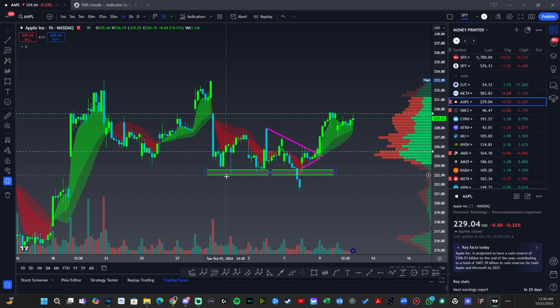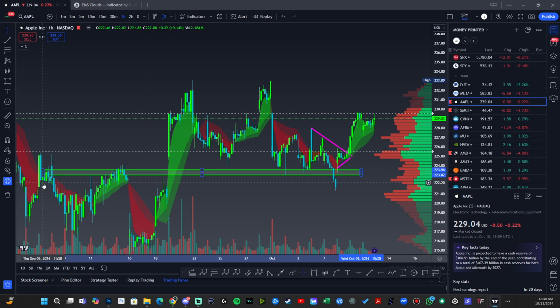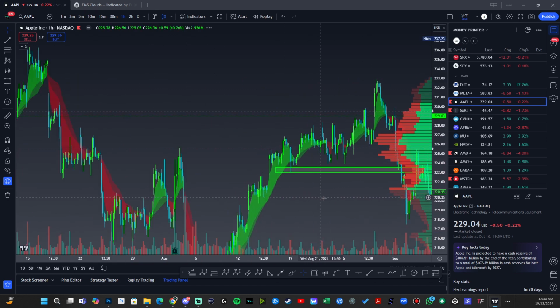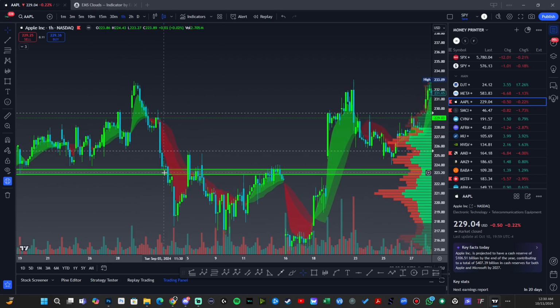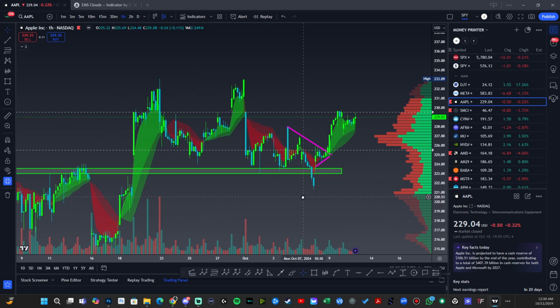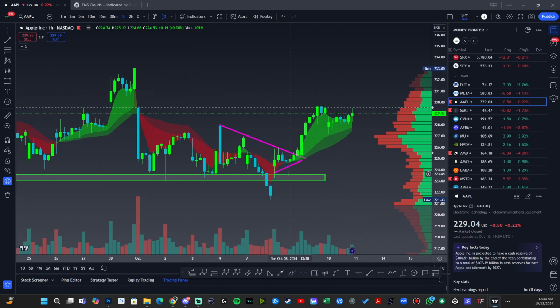Notice support, support, support, support, support. I'm assuming this was a previous resistance somewhere at one point. It also was a previous support here. So if we scroll back, support, support, support, it breaks support again, and it turns into a resistance. So multiple times this level bounced. And now we're putting in those higher lows, lower highs.